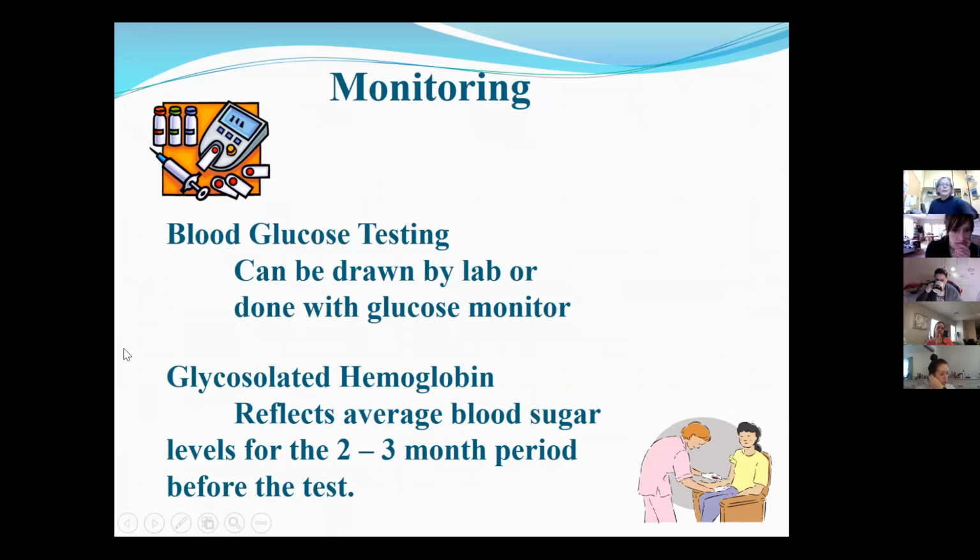So monitoring. The mainstay of monitoring for a diabetic is blood glucose testing. Blood glucose testing can be done in the lab, where the patient has blood drawn and the lab identifies the glucose levels, or it can be done with a glucose monitor.